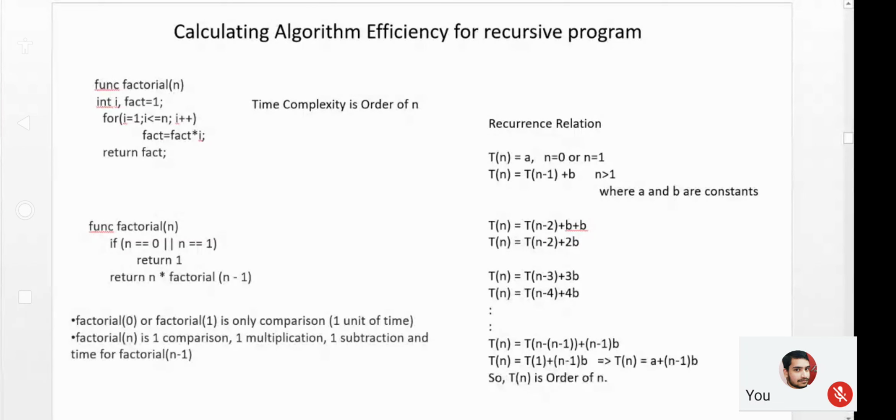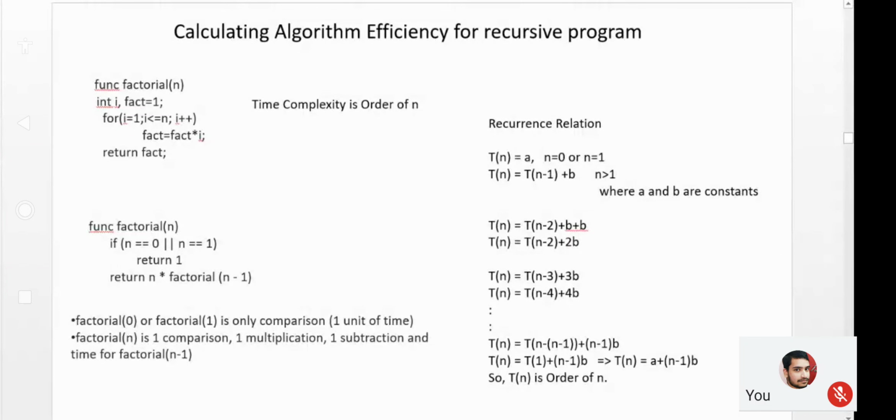If our initial n is 5, then fact 5 calls fact 4, that means n is equal to 4. After that, fact 4 calls fact 3, that means n is equal to 3. Then fact 3 calls what? Fact 2 calls fact 1.